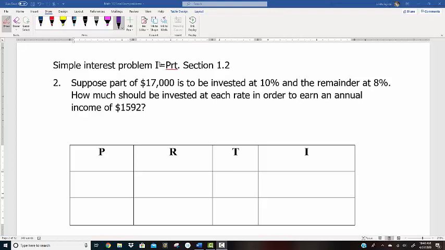Okay, so now remember, I is your interest or income, depending on what you want to think of it. P could be principal. It means it could be what you invested or what you spent.